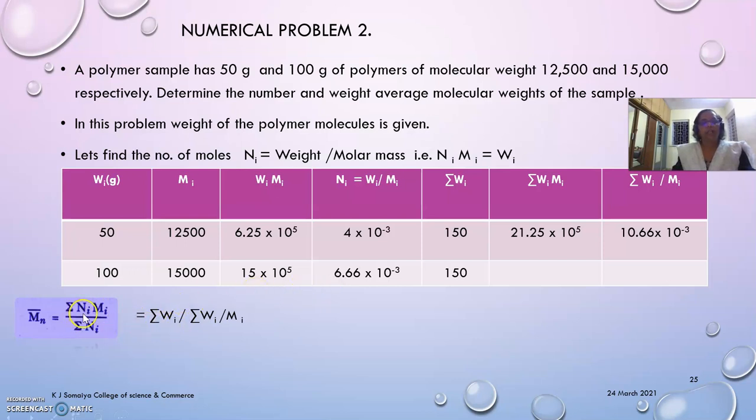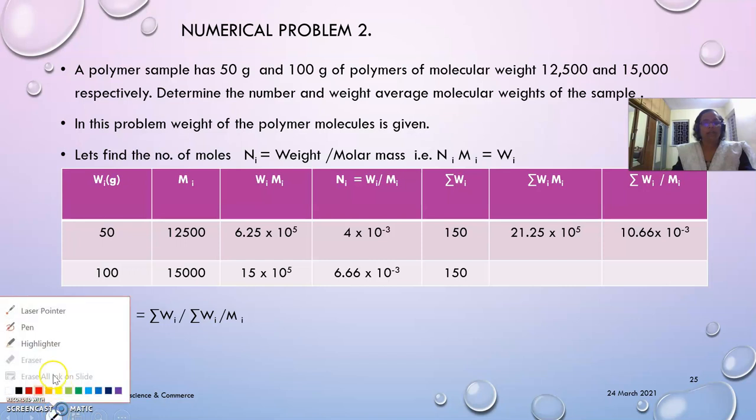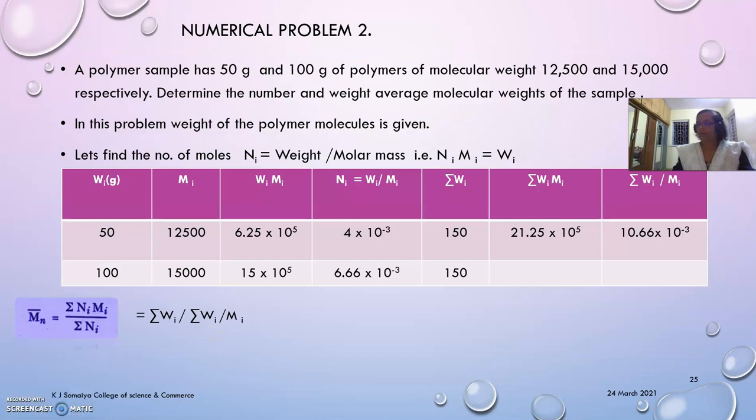So now we can see Ni Mi is replaced with weight Wi. Ni Mi gives the weight of the polymer sample. Then the denominator is Ni here, so we will substitute it with NiMi upon Mi, that gives you Ni. So that becomes Wi upon Mi.